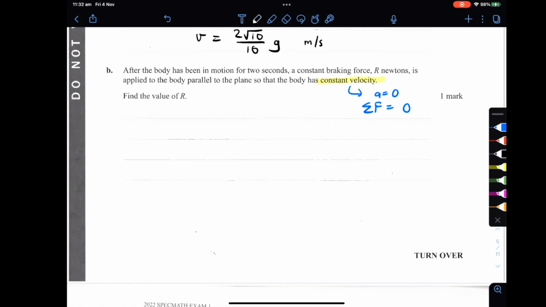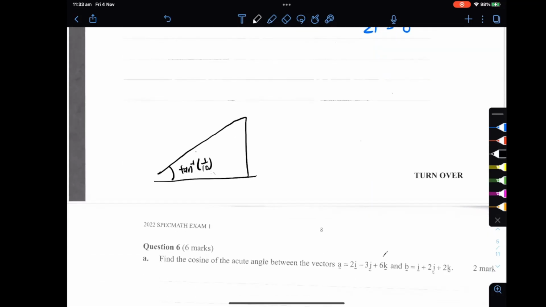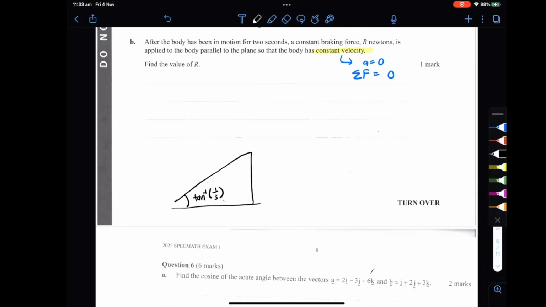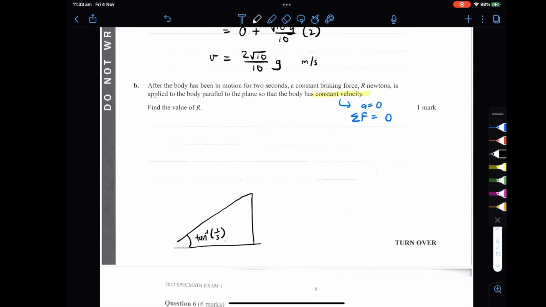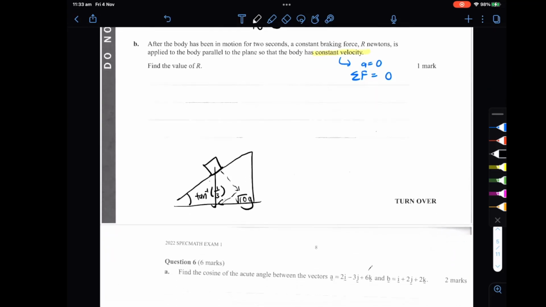Right? So what's the situation? Sorry, it's tan inverse of 1 over 3. The situation here is we've got a block. This force this way is root 10g.